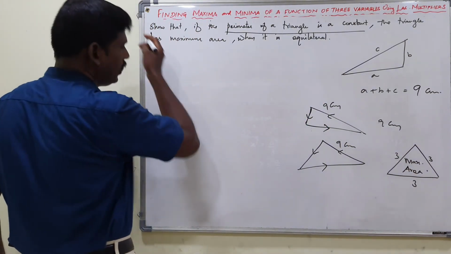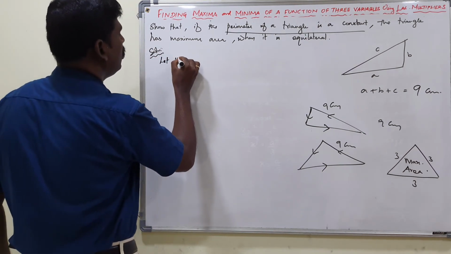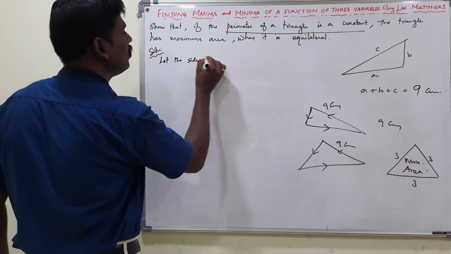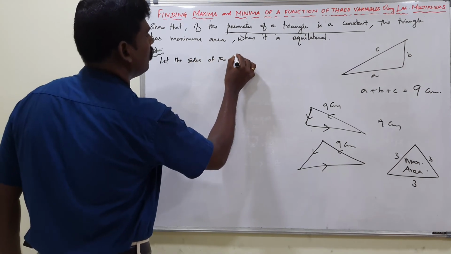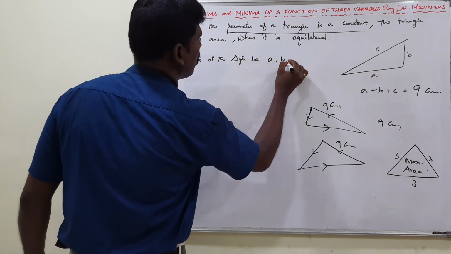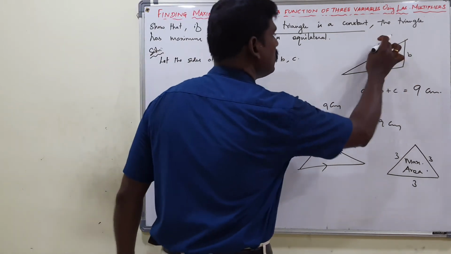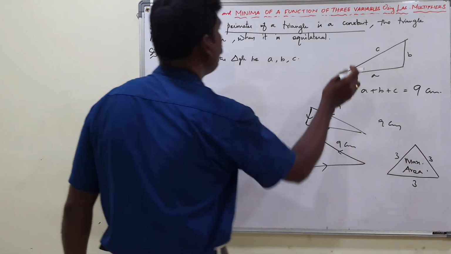So let us take the sides of the triangle a, b, c, scalene triangle. Okay. So what we want to prove?